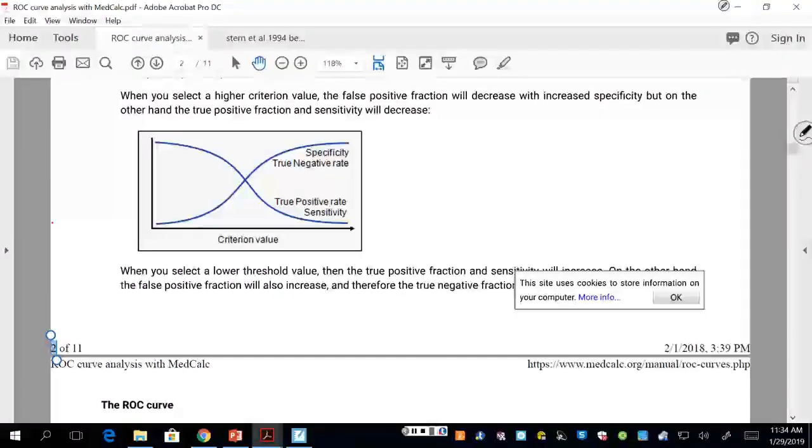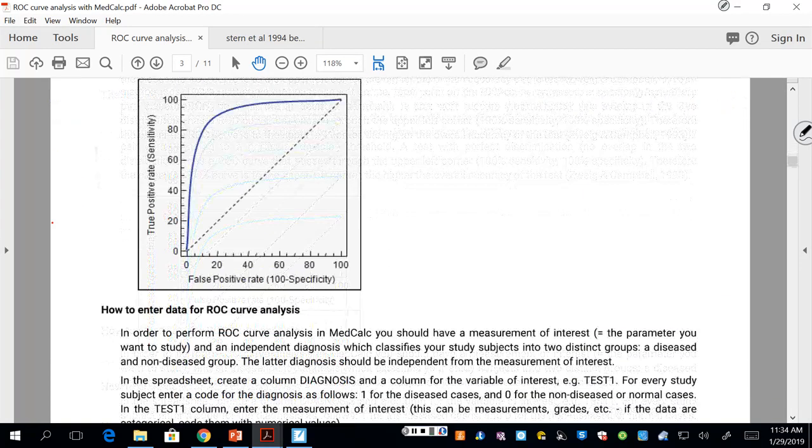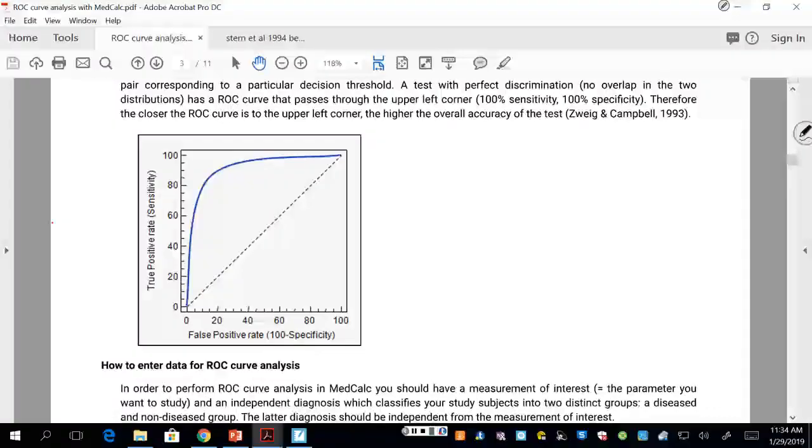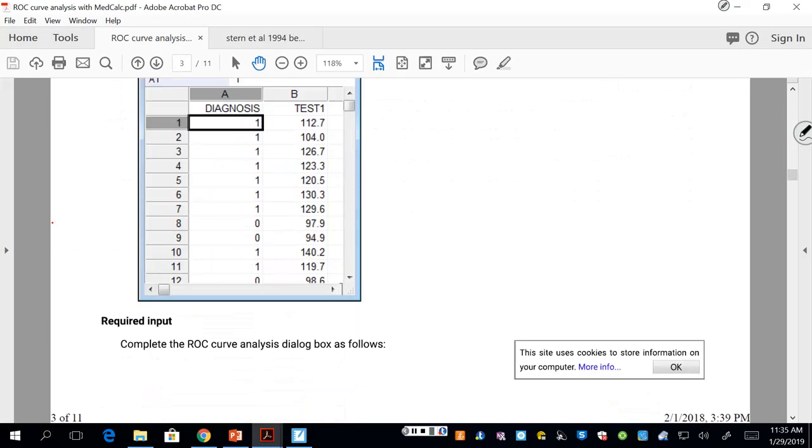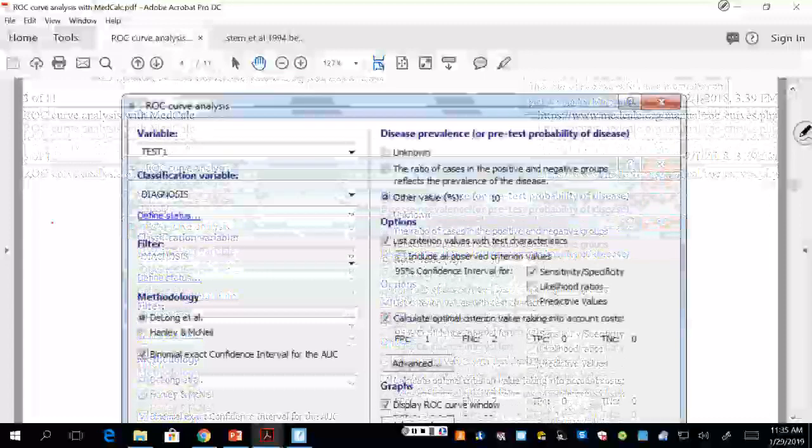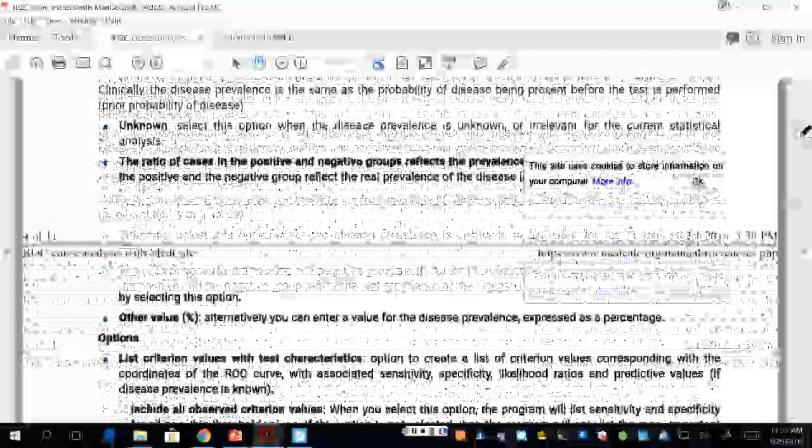And as your criterion values, like the PSA level, change, one specificity is going up as one is going down. And they can make a little ROC curve here, and depending on how serious the 2 different types of error are, you might choose a test along there.